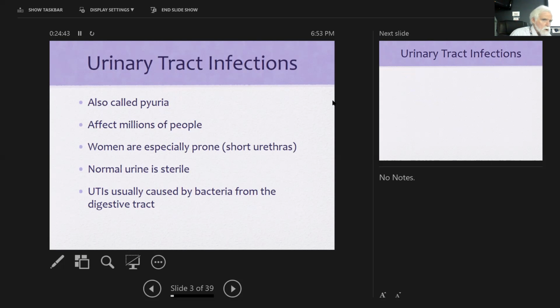Normally speaking, urine is sterile. In fact, some of the early explorers in places like Australia and Africa, when they were in desert areas where there was no water, drank their own urine, perfectly safe. Didn't taste very good.